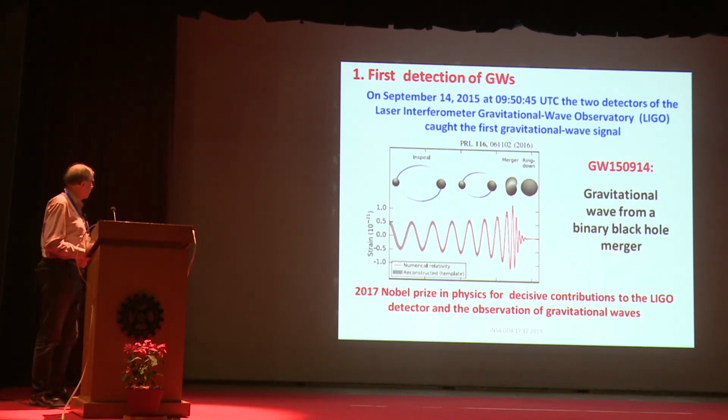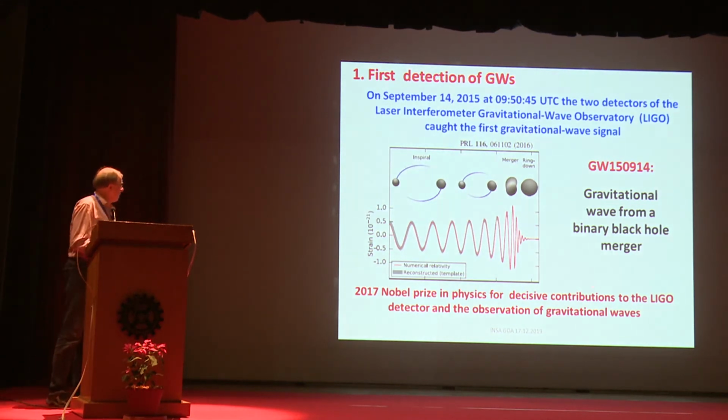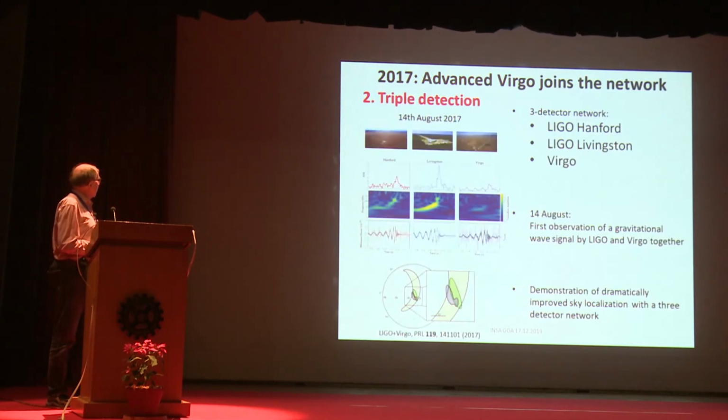It was awarded the 2017 Nobel Prize to the three founders of the LIGO project. And the Nobel Prize was, first of all, for the construction of the LIGO detector, which was a major experimental achievement, and then, of course, for the observation of gravitational waves.